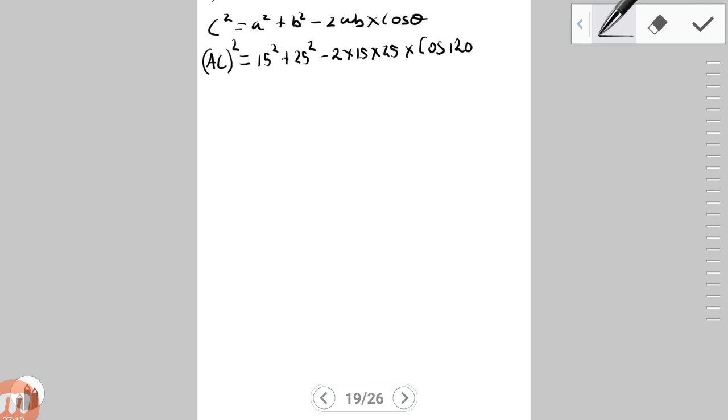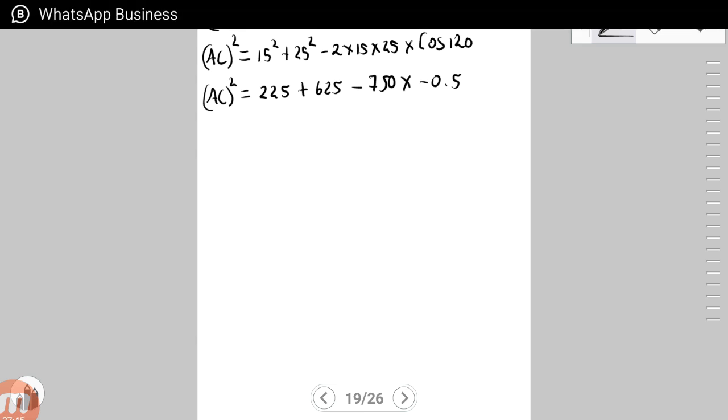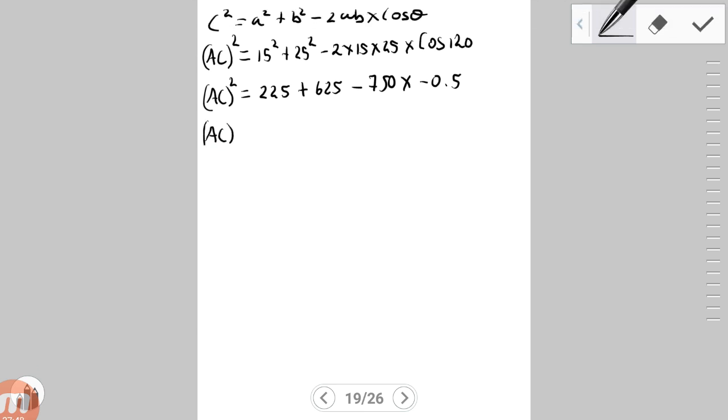Now AC squared here is going to be equal to 15 squared is 225 and 25 squared is 625, and so we can go on our calculators and 2 times 15 times 25 is going to give us 750 multiplied by the cosine of the angle, which is 120, that gives us negative 0.5. So if we add 225 to 625, we're going to get 850.